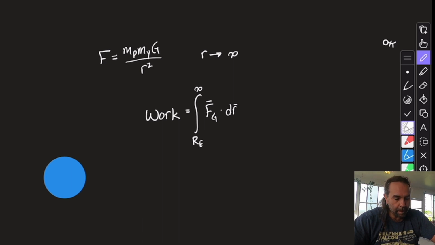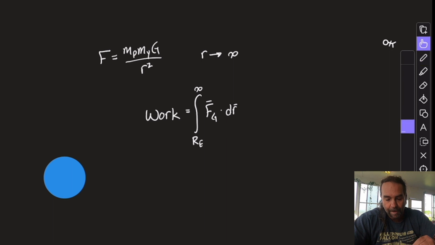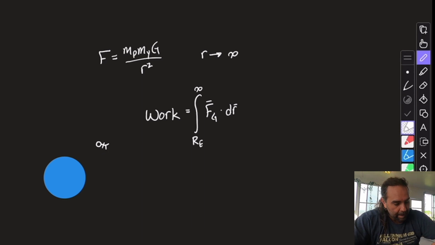So let's try it. And because I'm not there in the classroom, I'm going to skip over some technical things here. But we're still going to do this calculation. So let's prepare. First, we're actually talking about the work done by the force of gravity, not the work done by us, meaning we're trying to work against gravity, so we are applying a force this way, but we're interested in how much energy there is in the gravitational force.